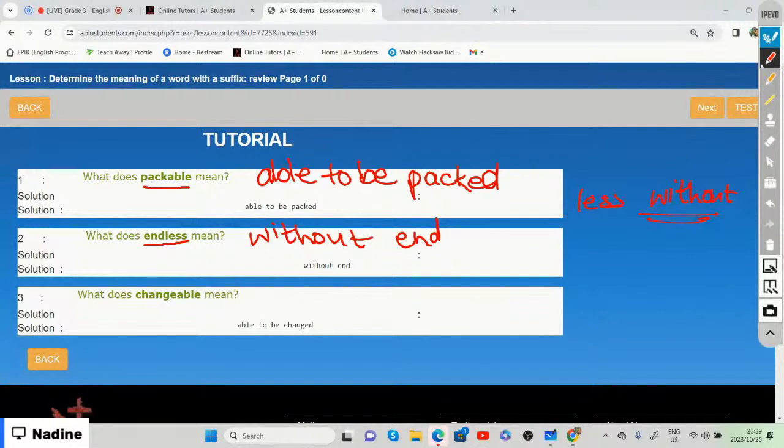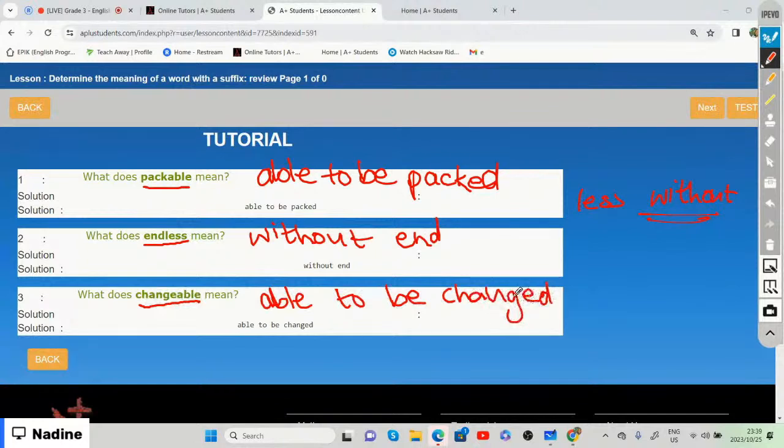So endless, it is without end. And if we look at the word changeable, right? So we can change this bulb, we can change something, but it is able to be changed.